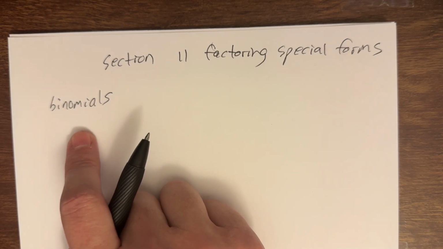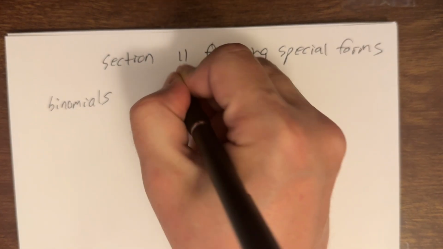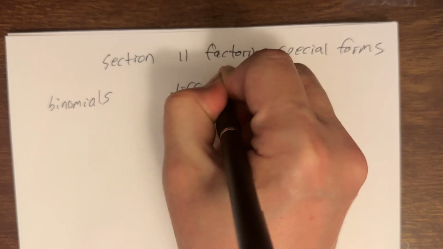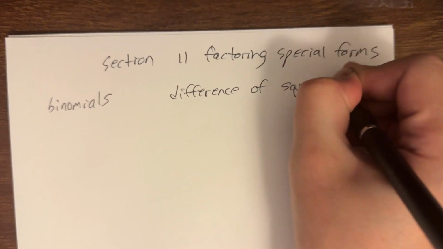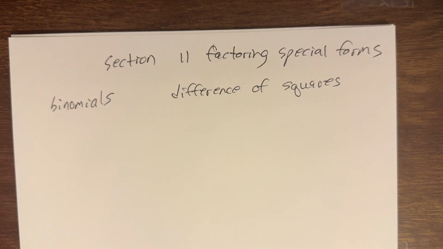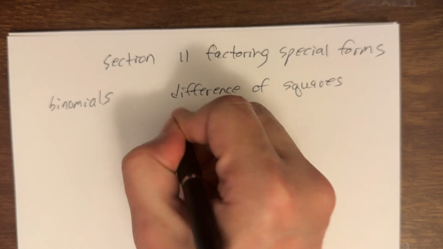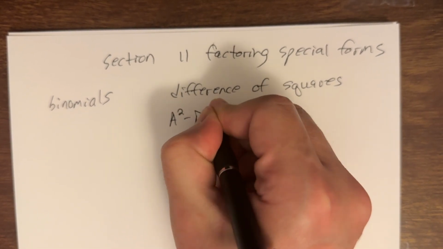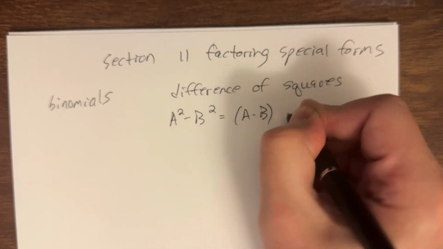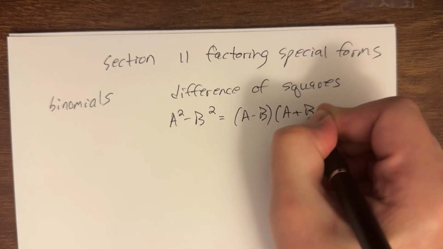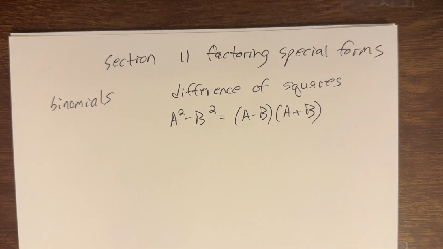The first one that they introduce in our book is what they call the difference of squares. And they jump right in with a very nice formula and explanation. What they show us is that a squared minus b squared can be factored into the quantity a minus b times the quantity a plus b.